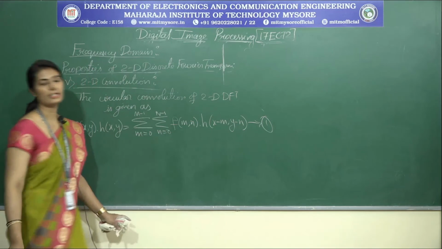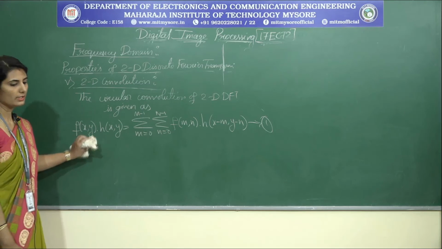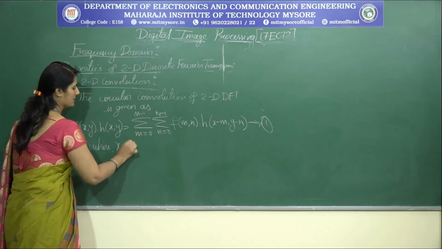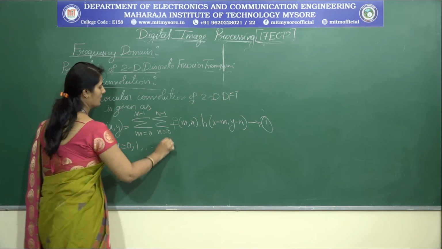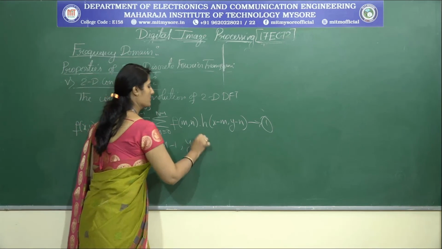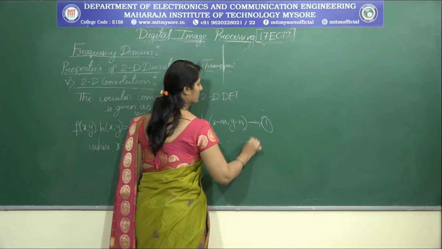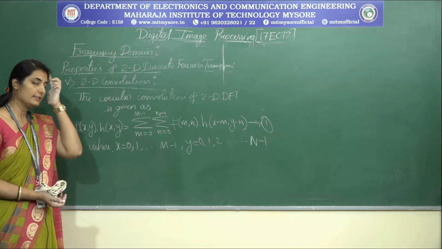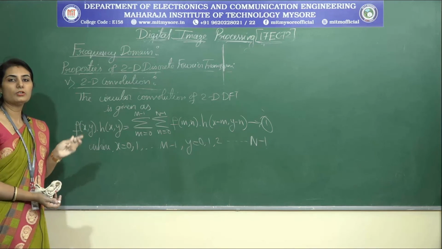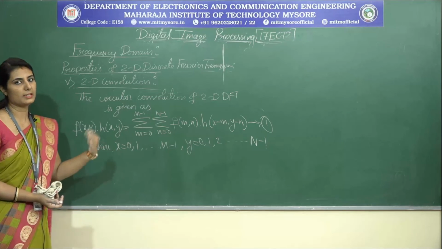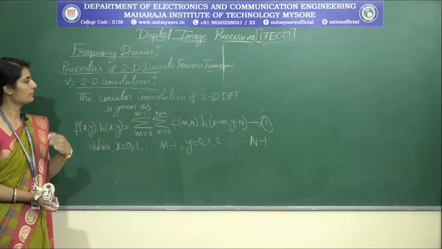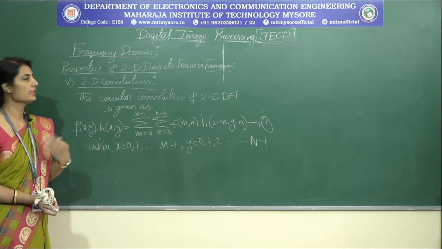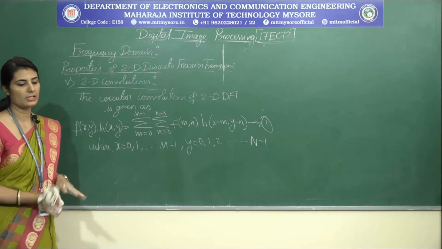This I call equation number 1, where x is equal to 0, 1 up to m minus 1, and y varies from 0, 1, 2 up to n minus 1. We also know that convolution in the spatial domain is multiplication in the Fourier transform domain, and convolution in the Fourier transform domain is multiplication in the spatial domain.